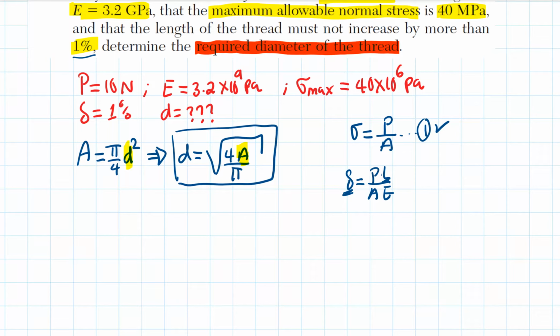That's fine. We have the load and we have the E, so we can also use this equation. So we can use both equations, and the diameter that we will use is the larger diameter. So let's use the first equation, which is the stress equation.